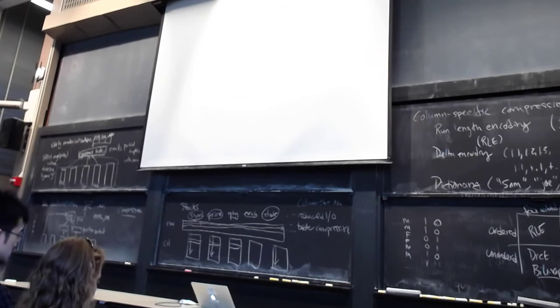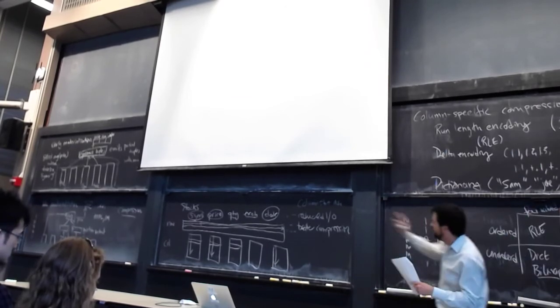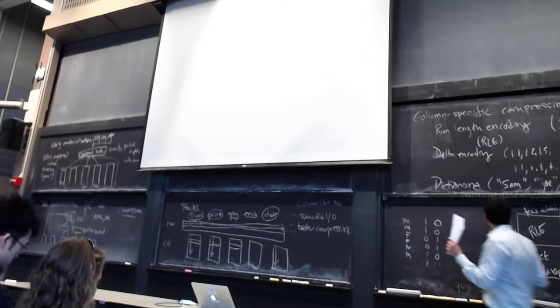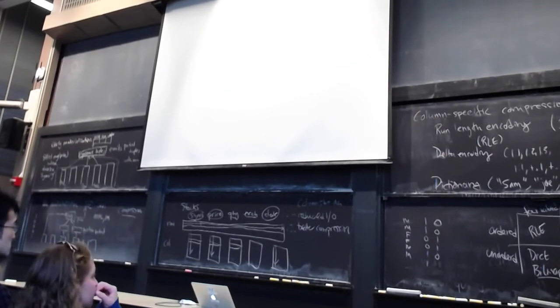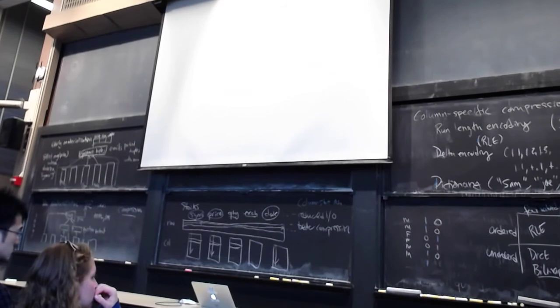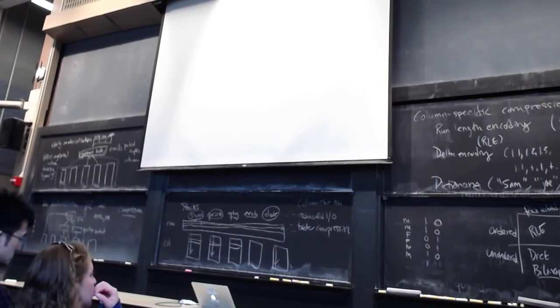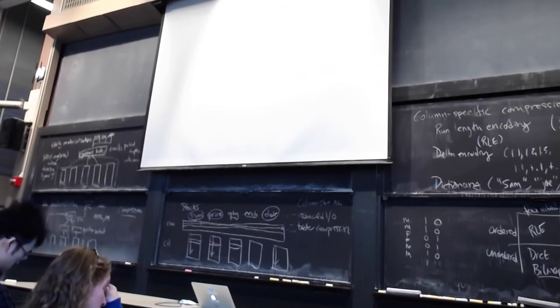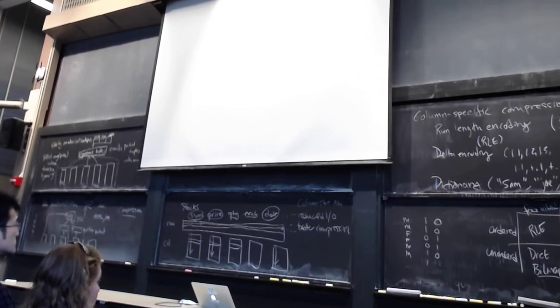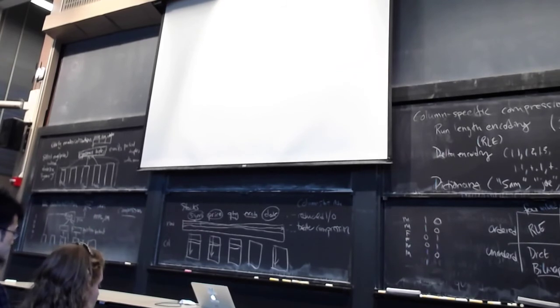Okay? So this kind of leads into the next thing. We get a big benefit out of compression. We get a big benefit out of being column oriented. But we can do a little bit better. The first thing we can do is create these materialized views, or what we call projections.